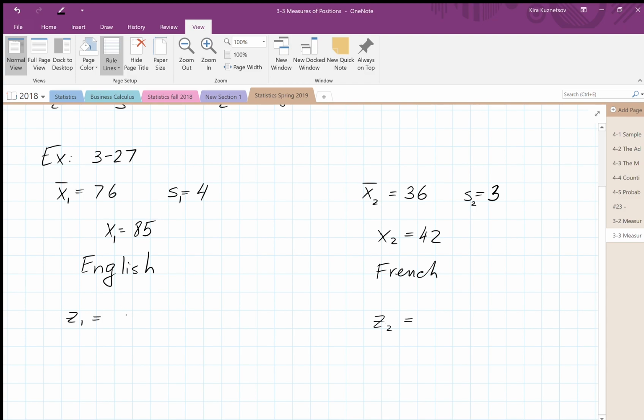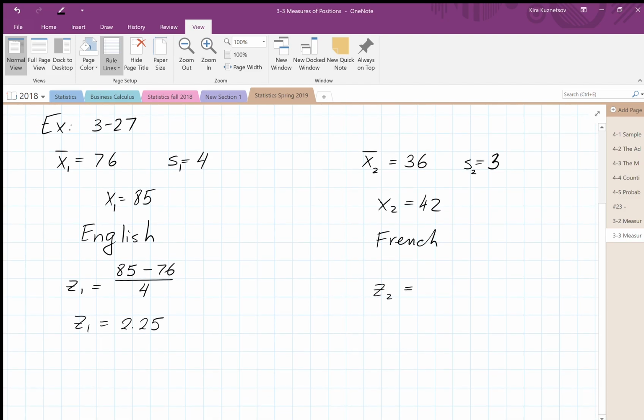My formula is x minus the mean divided by the standard deviation. 85 minus 76 divided by 4. I have the z-score is 2.25.